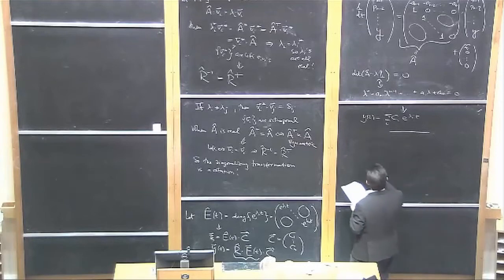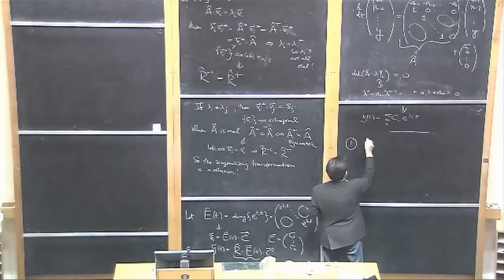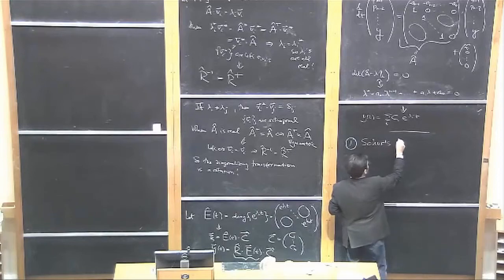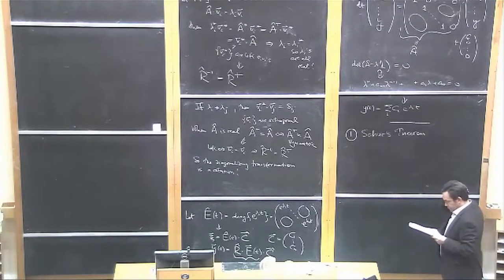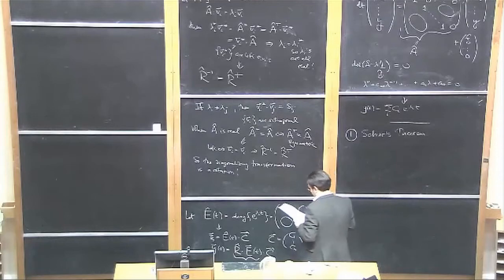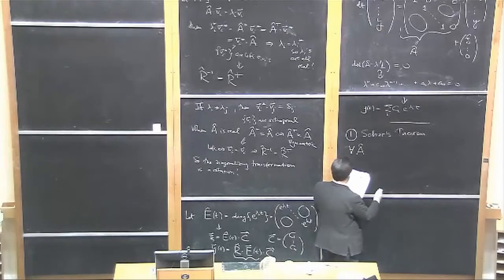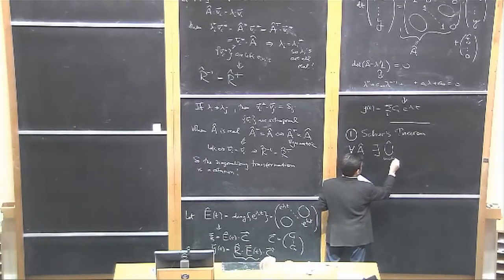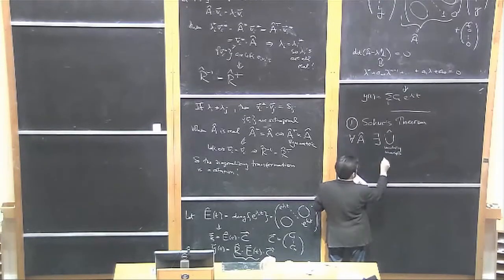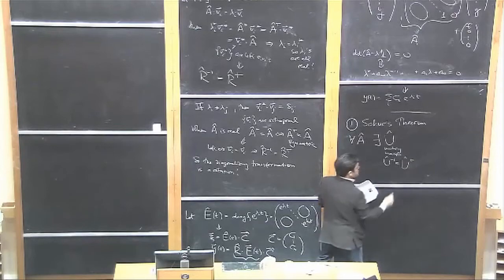So the first way of handling them is by a mathematical result known as Schur's Theorem. What Schur's Theorem guarantees is that for any matrix A, there is a unitary transformation, meaning there is a unitary matrix U. Now, a unitary matrix means a matrix such that its inverse is equal to its dagger.